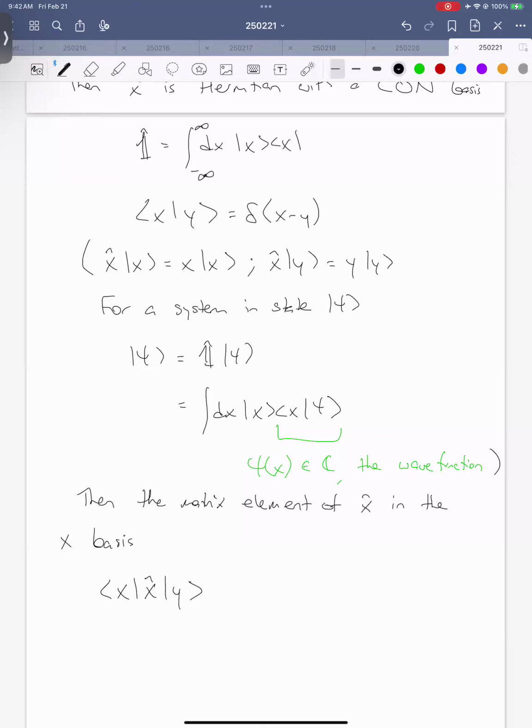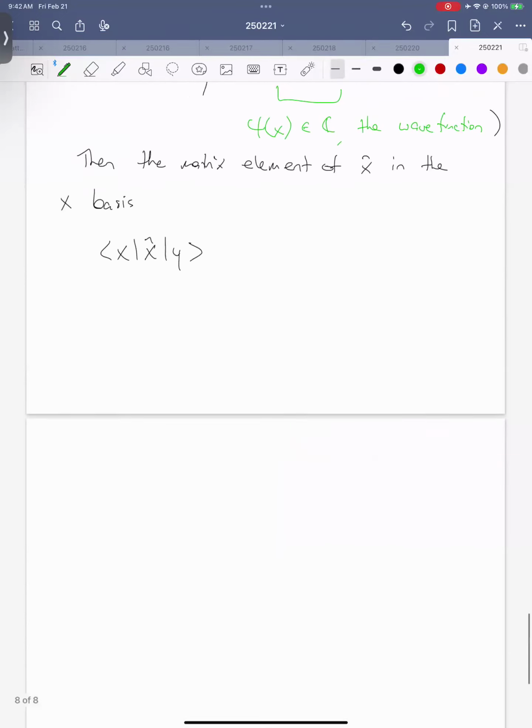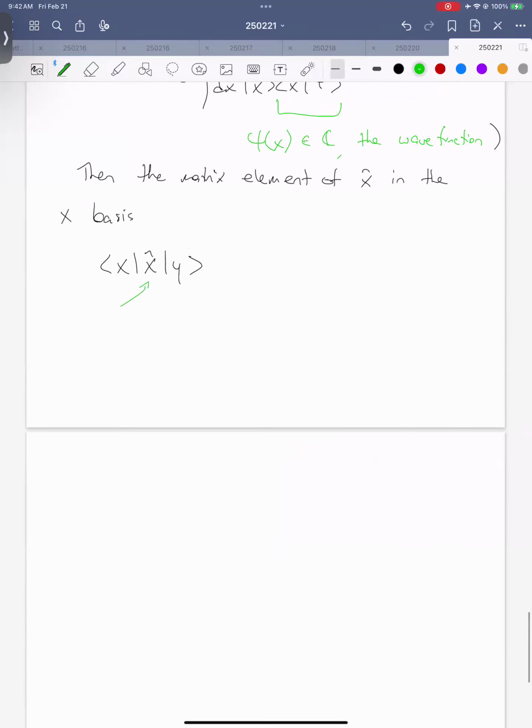Now, to progress, operators are nasty. Numbers are nice. Anytime we can get rid of an operator and make it a number, we should.